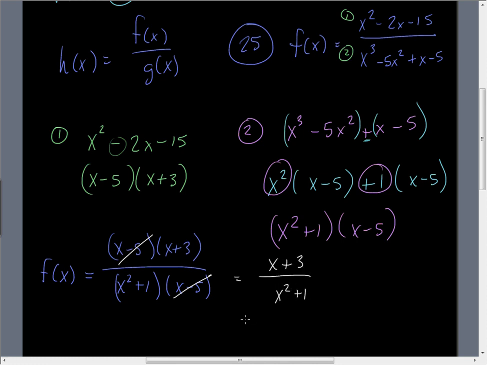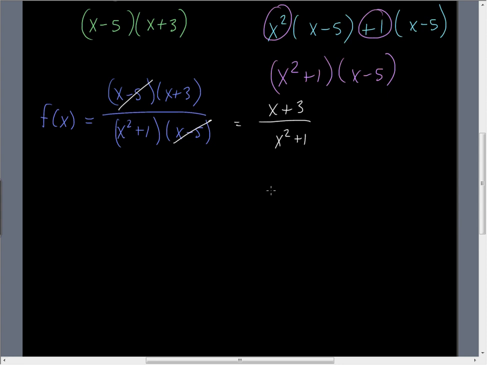Okay, so now we're told to find the vertical asymptotes, if any. Vertical asymptotes only occur where the bottom is 0. So let's try it.